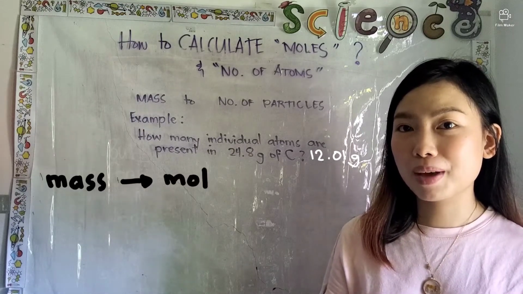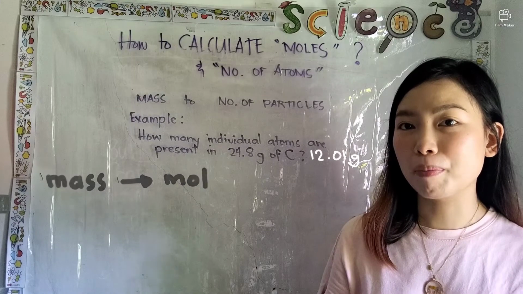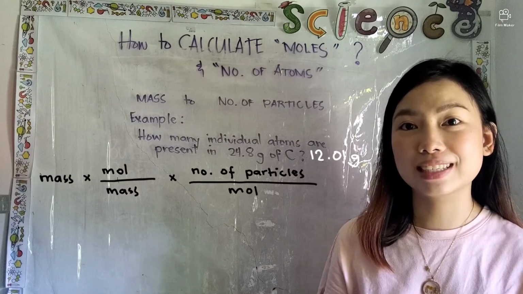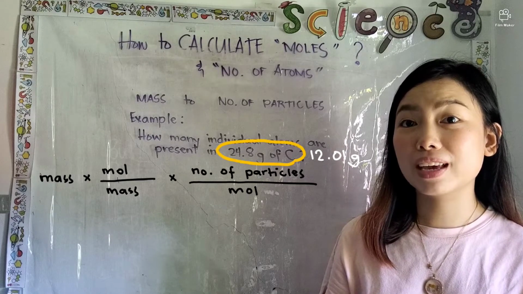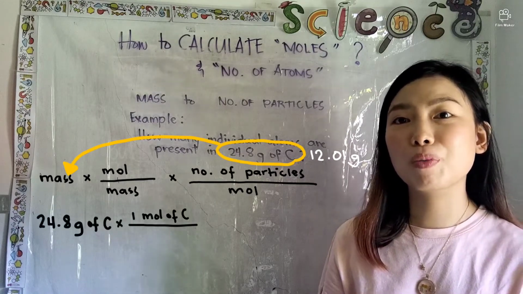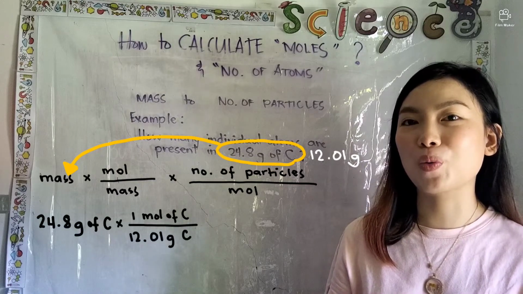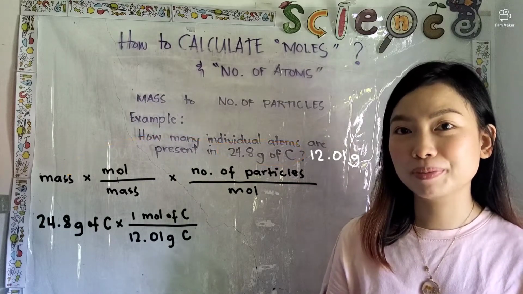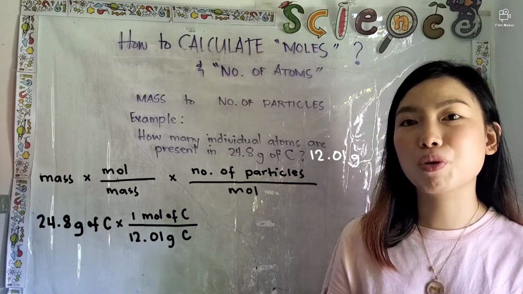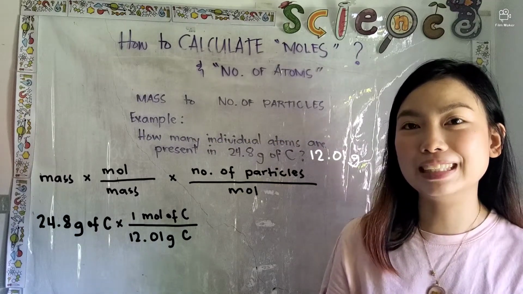So, to convert the mass going to mole, mass multiplied by mole divided by mass. So, we have 24.8 grams of carbon multiplied by 1 mole of carbon divided by 12.01 grams of carbon. So, yung 24.8 is from the given and then 12.01 is from the mass of carbon.